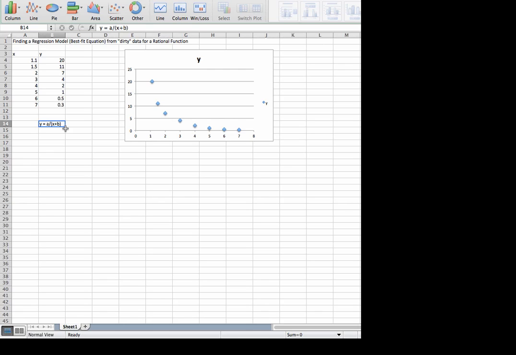Now, the first thing that we'll notice is that this rational function is not a linear function. And in order to convert our system of linear functions into a matrix equation, we've got to have linear equations. And so our first order of business is going to turn this into a linear equation.